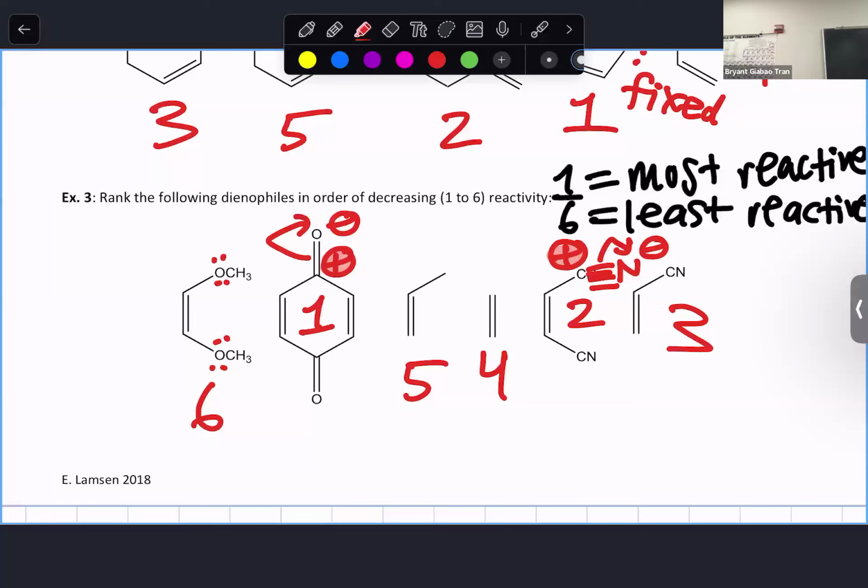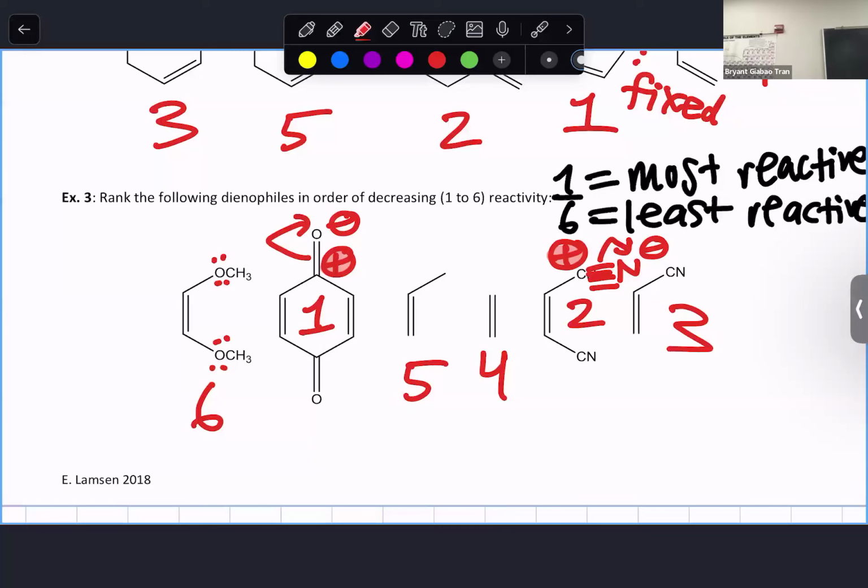Yeah, you would want a more positive charge connected to the dienophile to make it faster. Yeah, yeah. Oh, right. So we're not talking about stability here.